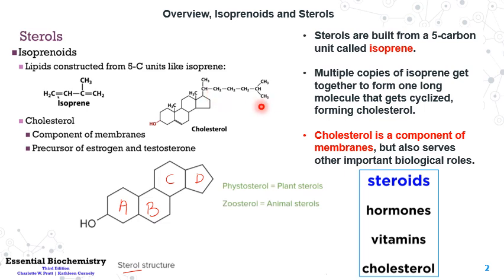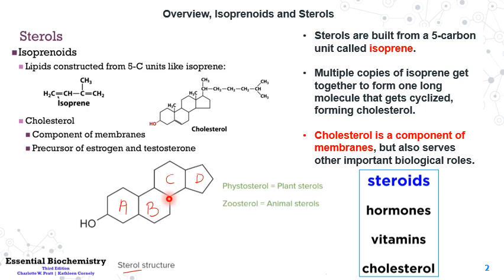But remember, there is this huge side chain right there on cholesterol. And it is important for cholesterol to have this very hydrophobic side chain, because this huge hydrophobic part allows cholesterol to be inserted in the structure of lipid bilayers.